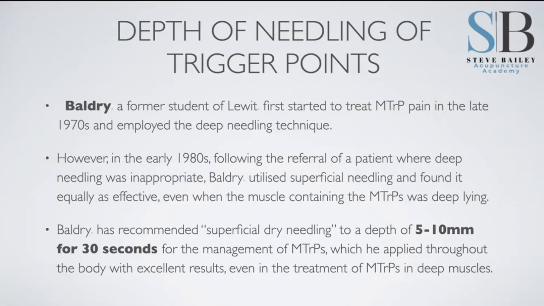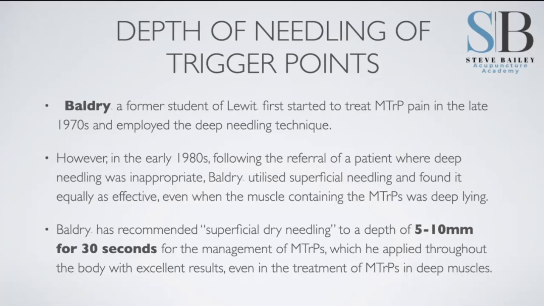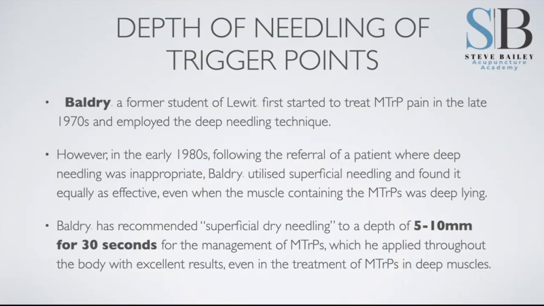So since that point, Baldry has recommended superficial dry needling to a depth of 5 to 10 centimeters, and again, a similar technique where he'd put it in for 30 seconds, then test. If it's not deactivated, he'd put it in for another 30 seconds and then test until the trigger point is actually deactivated. And that is what he then started to apply and advocate to his other students, changing from deep needling to more superficial.